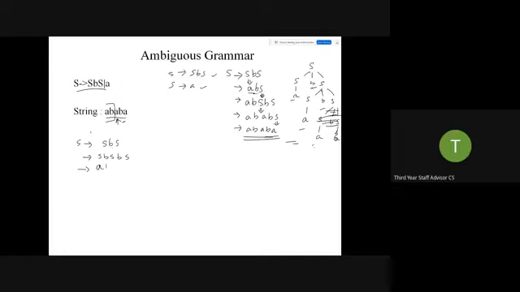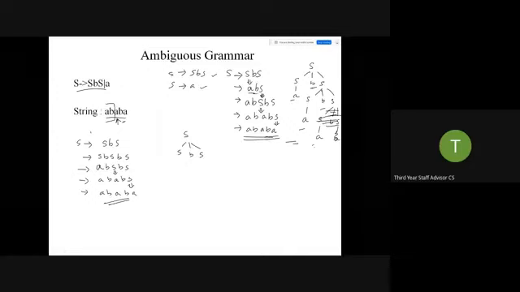Here the leftmost S is replaced with a, and in the second step this S has been replaced with a, so we have got a b a. This was another leftmost derivation, and we have got the parse tree as S implies SBS, and the leftmost S has been again replaced with SBS.